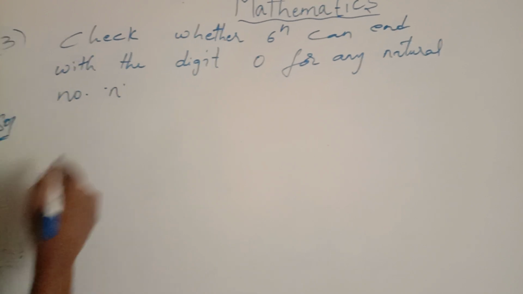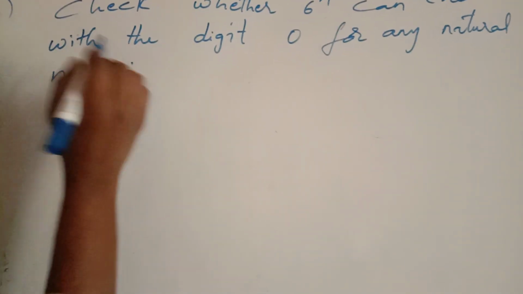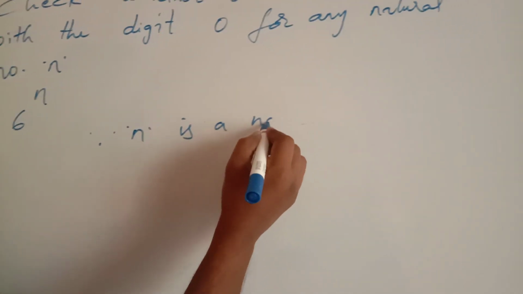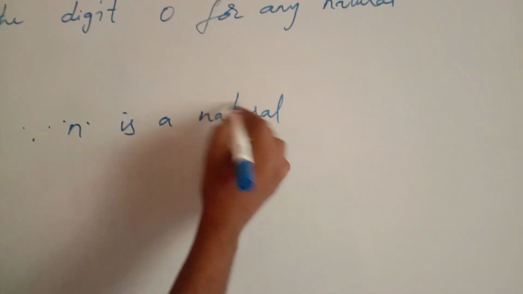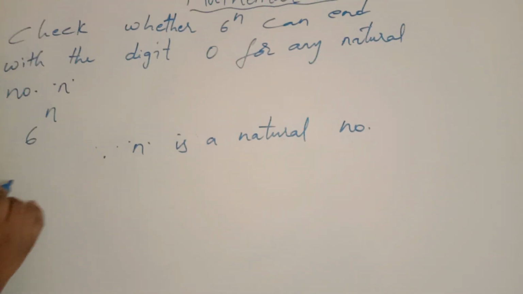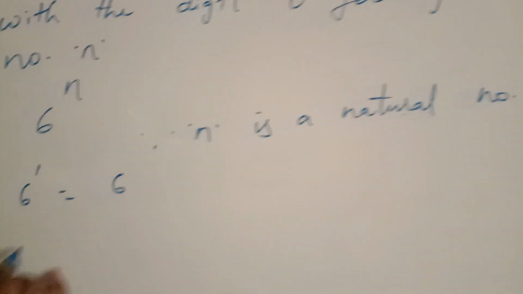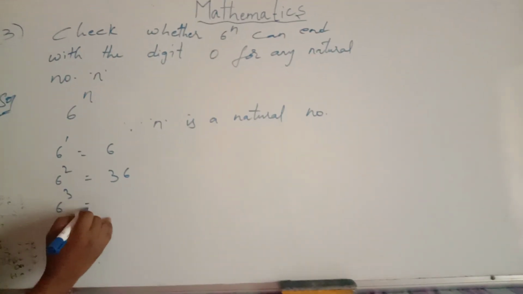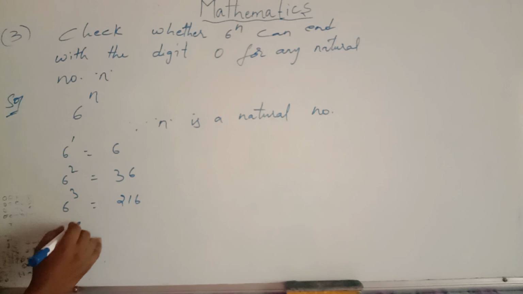Since n is a natural number, you can take n as 1, 2, 3. 6 power 1 is equal to 6, 6 square is 36, 6 cube is 216, and so on.